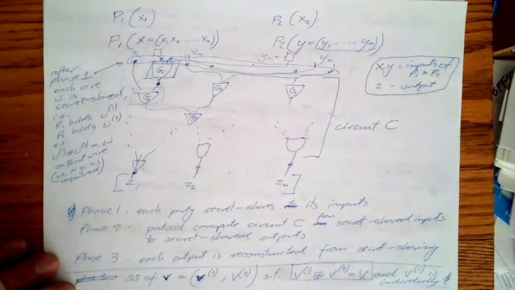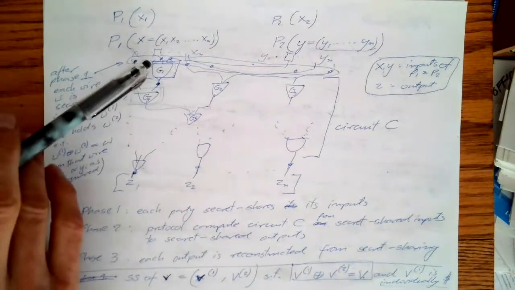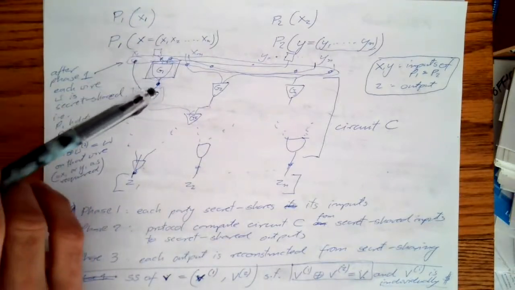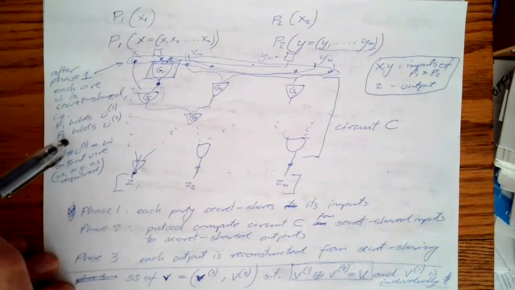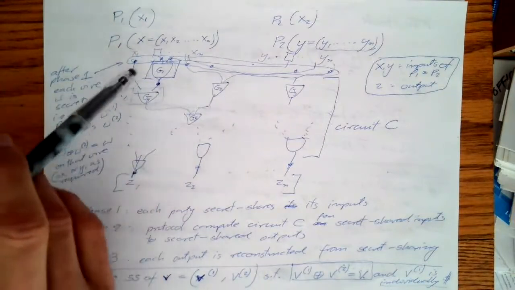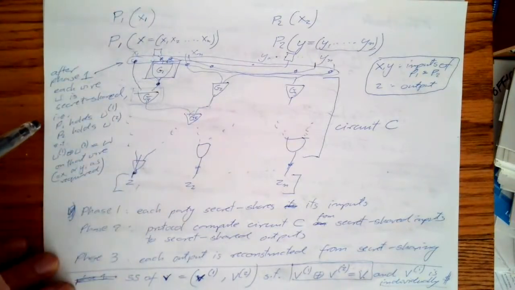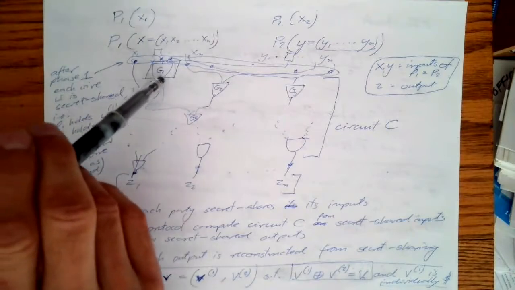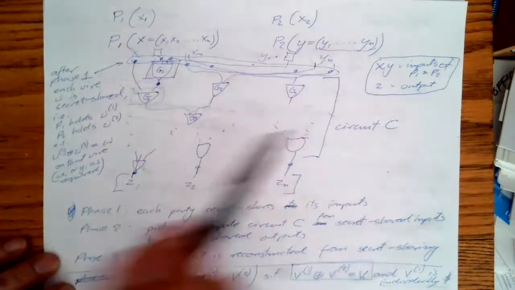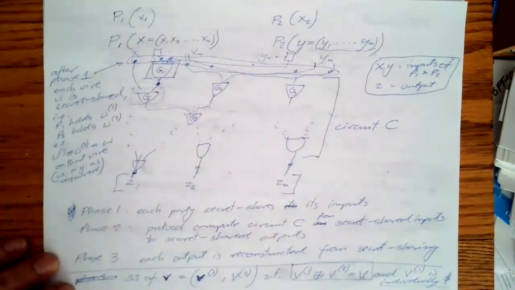This is the beginning. Then the protocol computes gate by gate from shares of the input to shares of the output of the gate. And if we have that block of computation, then we can repeat it for every gate in the circuit until we get to the output. And then we just need to reconstruct the output. So the secret sharing we saw last time was the XOR sharing.